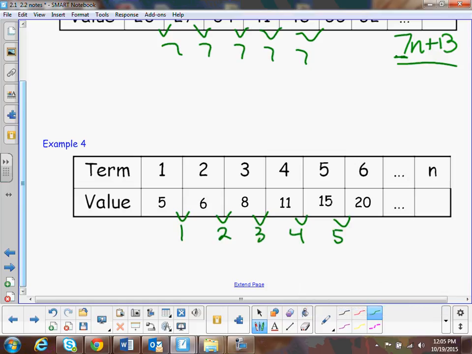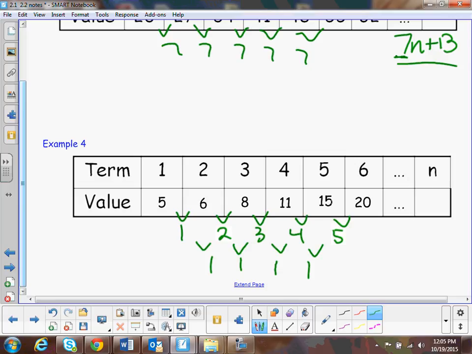Would you say that that's a linear function? The first differences are not constant. Well, what happens when you take the second set of differences? Okay, so now you get a constant increase after the first set.